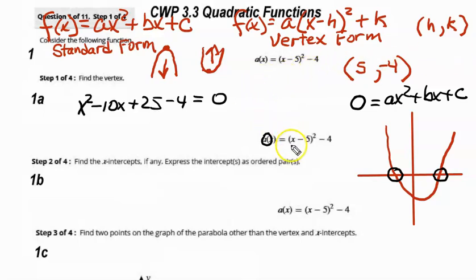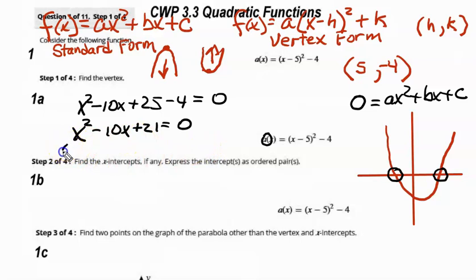We could do it together. I've expanded this binomial to x squared minus 10x plus 25, and that equals 0. So we're going to put it in standard form now. This now becomes x squared minus 10x plus 21 equals 0.